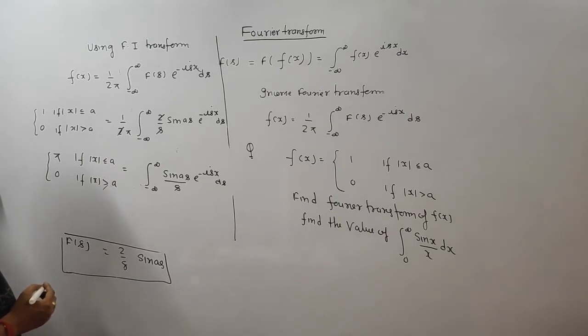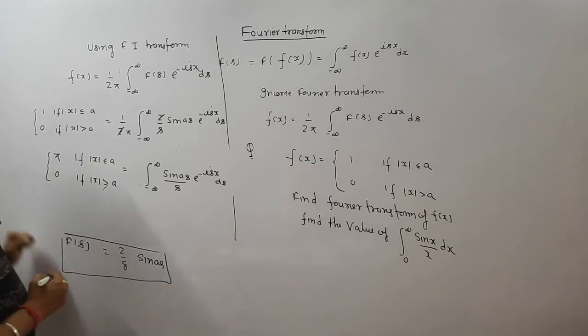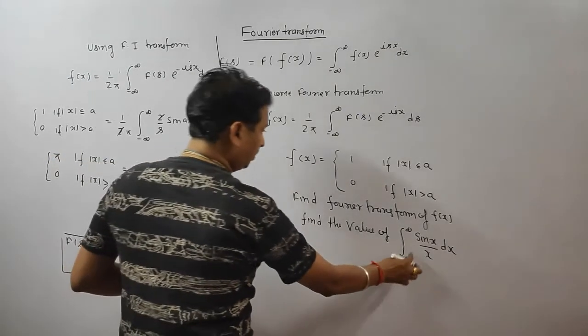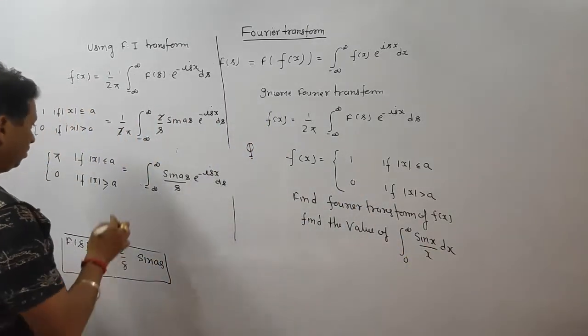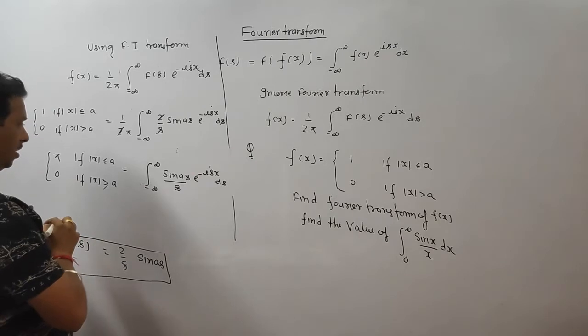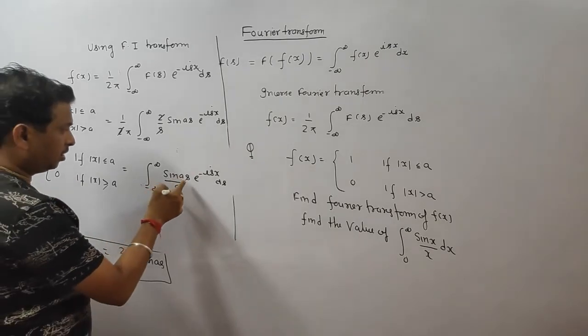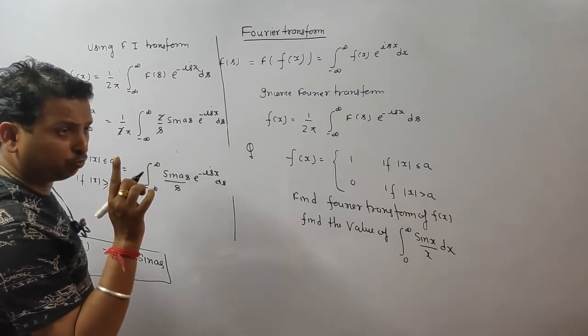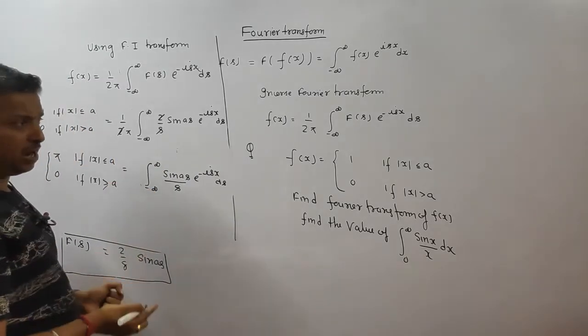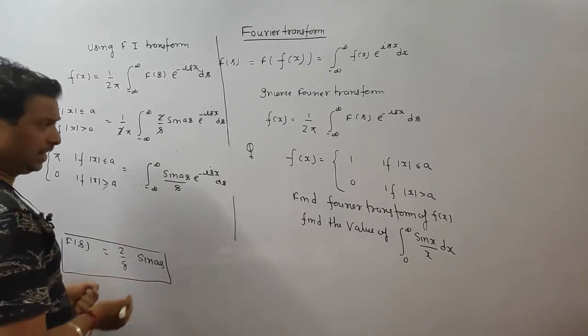Now we have to calculate the integral value of 0 to infinity sin x by x. See, the a value we require is 1, because a is an arbitrary constant, we can take anything.